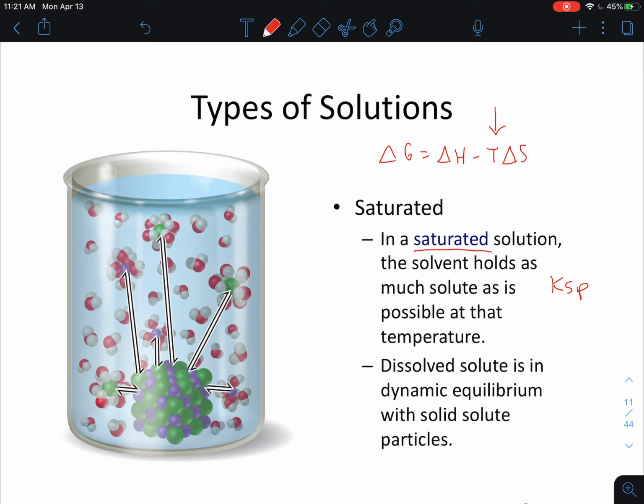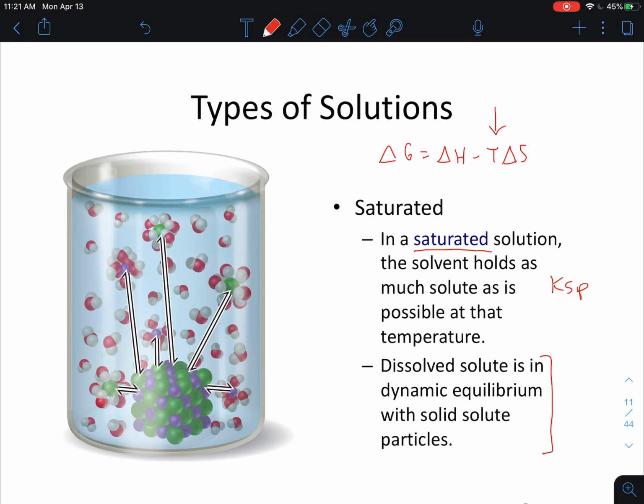So when we really think about what is going on in a saturated solution, it still is an equilibrium. So even though our viewpoint is that nothing is changing, in reality, the rate of dissolving and the rate of crystallizing is identical, so it looks like nothing is happening. So that's saying dissolved solute is in dynamic equilibrium with solid solute particles.